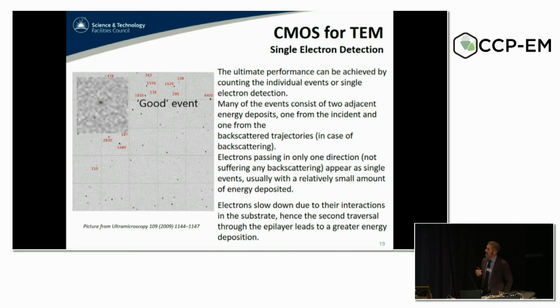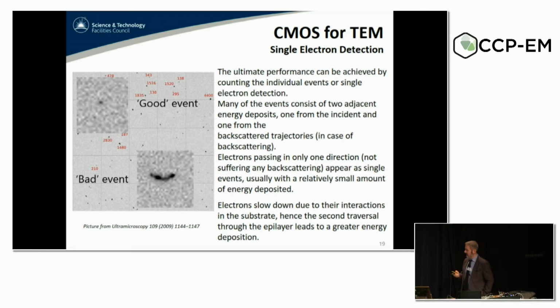This is an example of what I said. Good event, the electron passing only in one direction and not any back scattering. And a bad event is when the electrons start to straggle around and generate charges in many different pixels. You can imagine that trying to isolate this as a single event is actually quite challenging.